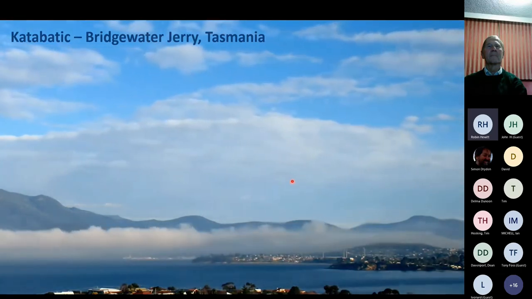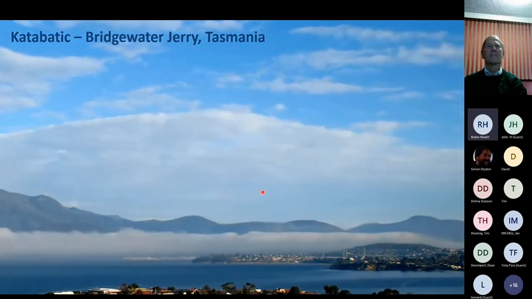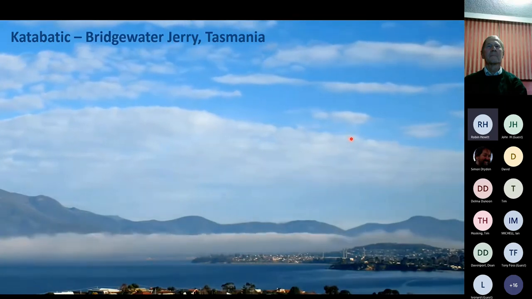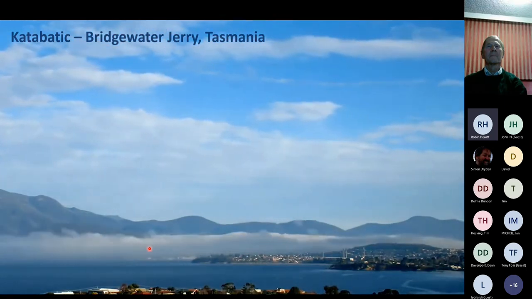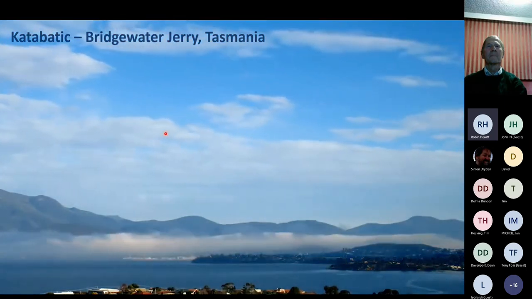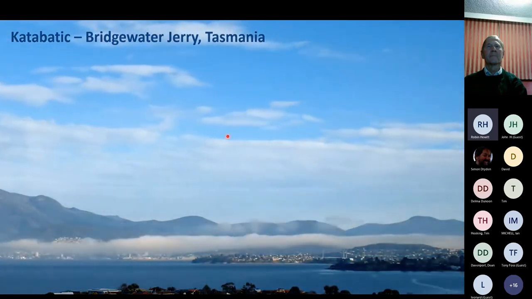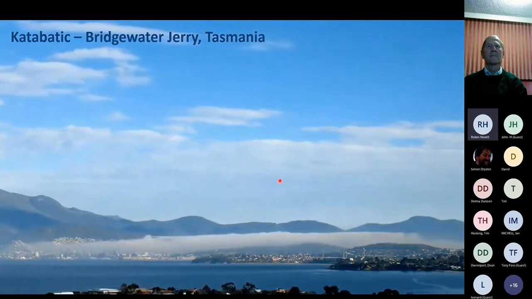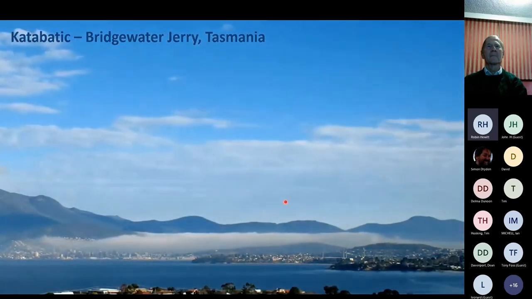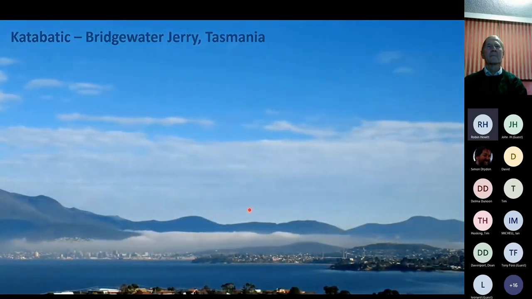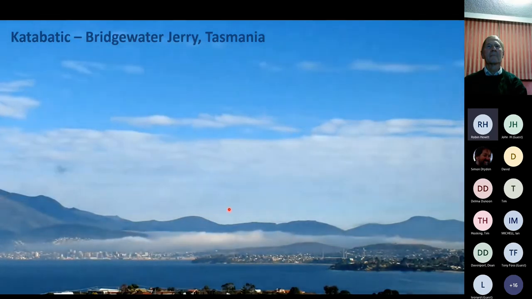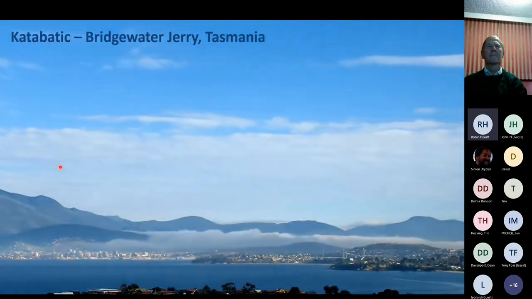Here we've got stratus. This is stratus. Sorry, there's an inversion here, holding cold air aloft, stopping this from rising. There's orographic lifting.